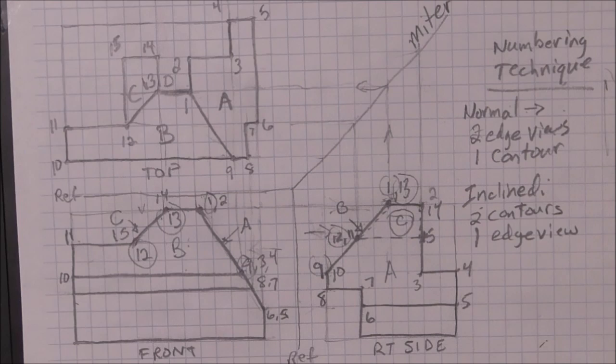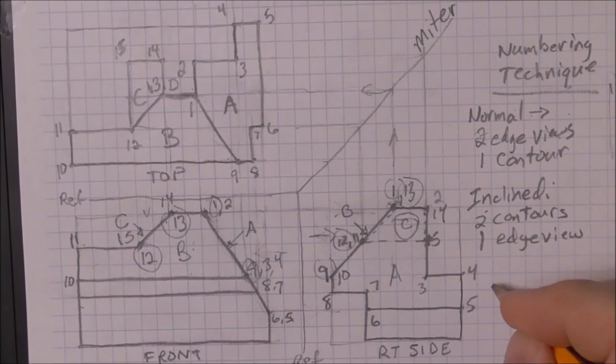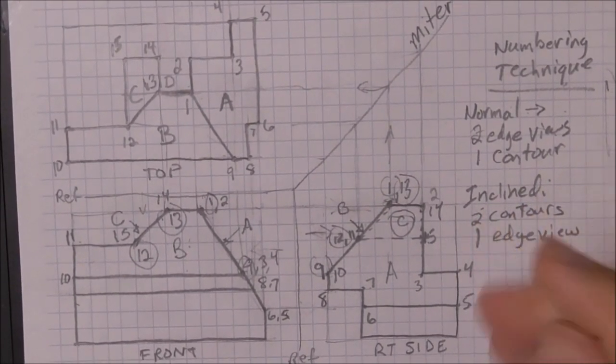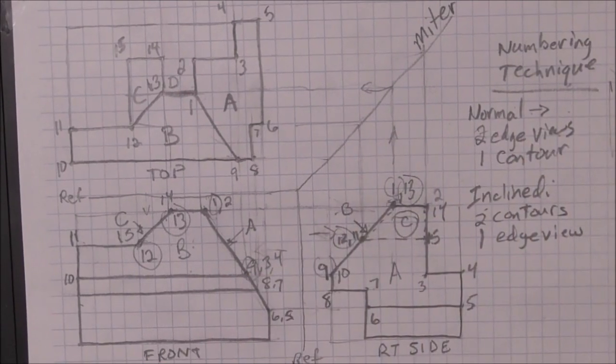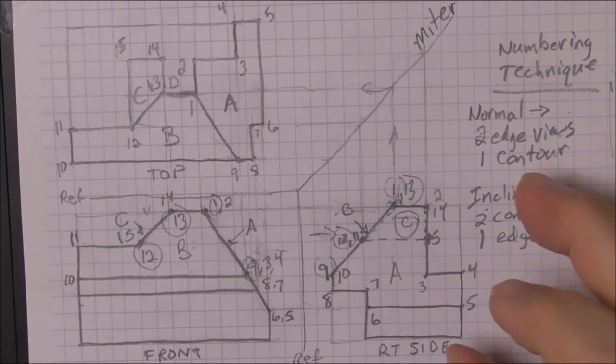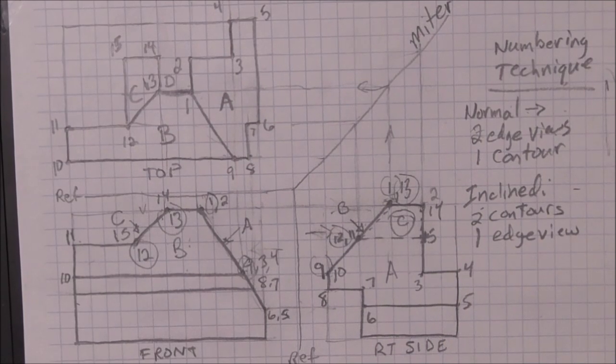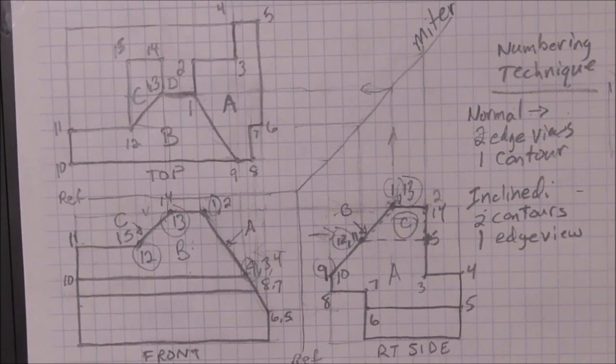Okay. The other kind of plane we have is a curved plane. If you have a curved plane, it's going to be similar to an inclined plane. There's going to be two contours in the three-view set, and it's going to look as an edge view once.